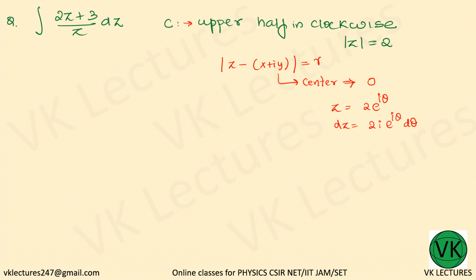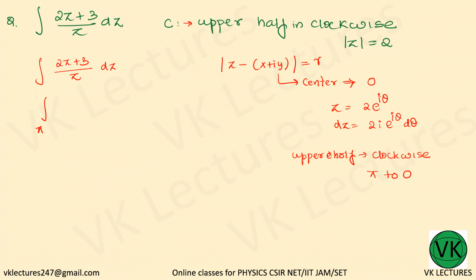Now the integral 2z plus 3 divided by z dz. Now substitute for what is z. So integral, and also we can write the limit since it is in the upper half, clockwise. It is from pi to 0.